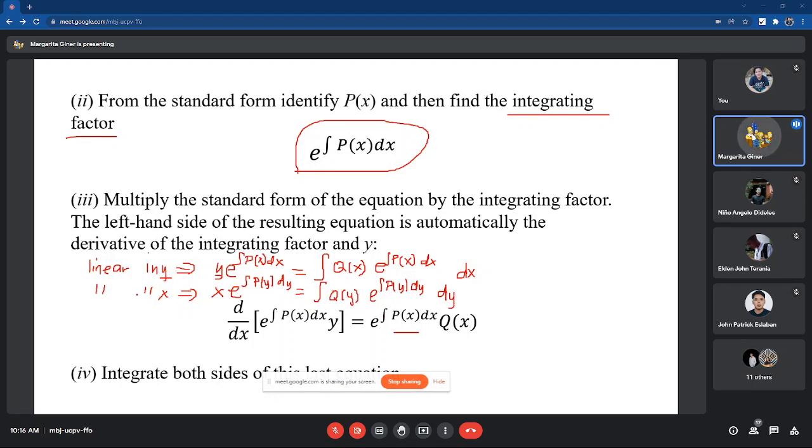Okay? Amo lang ni follow yung mga formula. Kaya amo lang sa solusyon yung ginabra ko. And then after that, once nga you have this, integrate both side of this last equation. And then substitute, and then you're done. You have the final answer na.